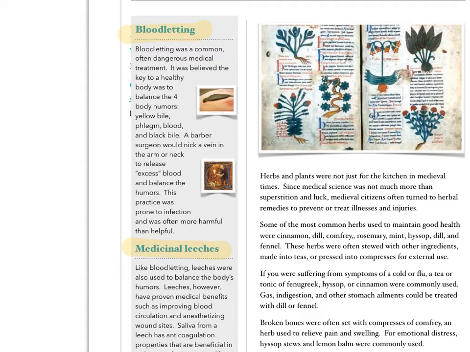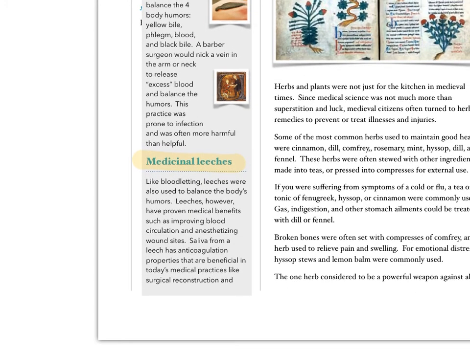And then the second paragraph down below under medicinal leeches gives you those clue words as to the structure. Like bloodletting, leeches were also used to balance the body's humors. However, leeches have proven medical benefits such as improving blood circulation and anesthetizing.